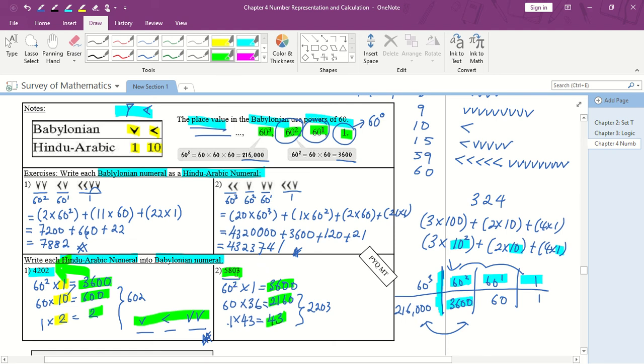Once you confirm yes, it is exactly the number, then you know that your answer is 1, 36, and 43. Now you can draw your Babylonian numerals.